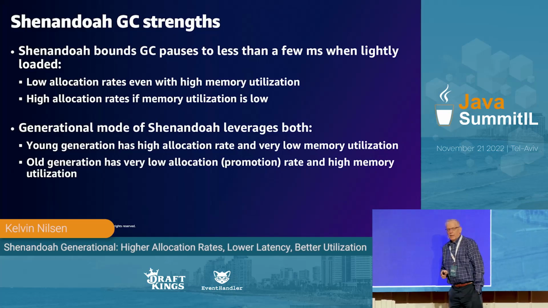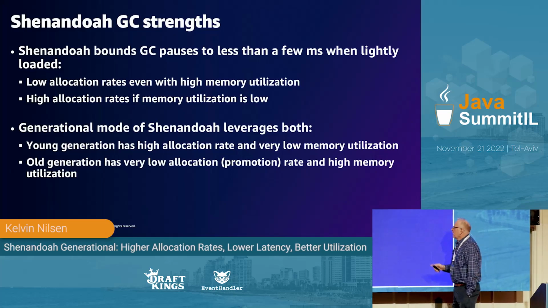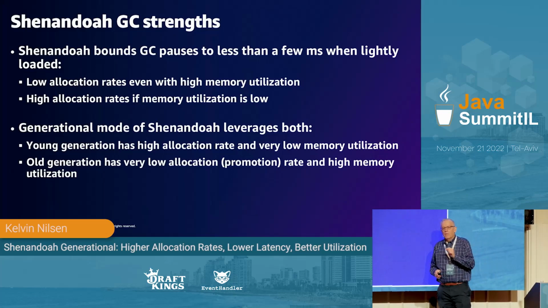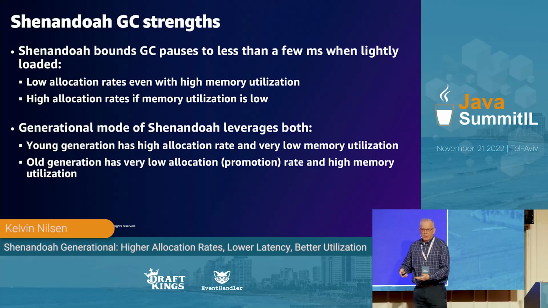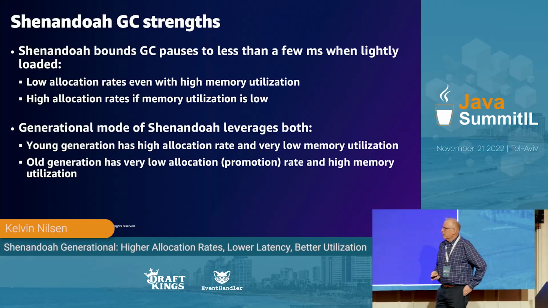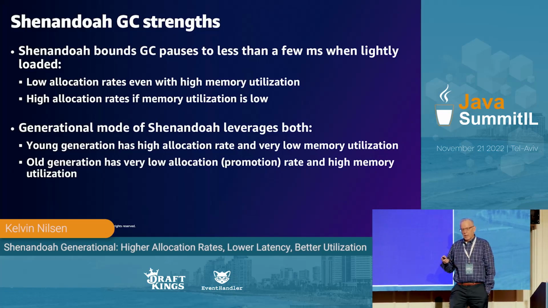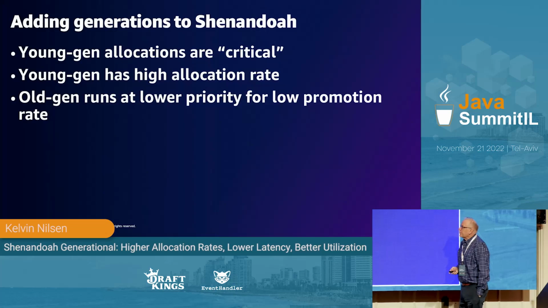Very low promotion rate generally. But your goal is to have a high memory utilization of old gen memory. This is stuff that stays around and persists, your caches, your databases, and so forth. And you could conceivably achieve 85, 90% utilization in the old gen.